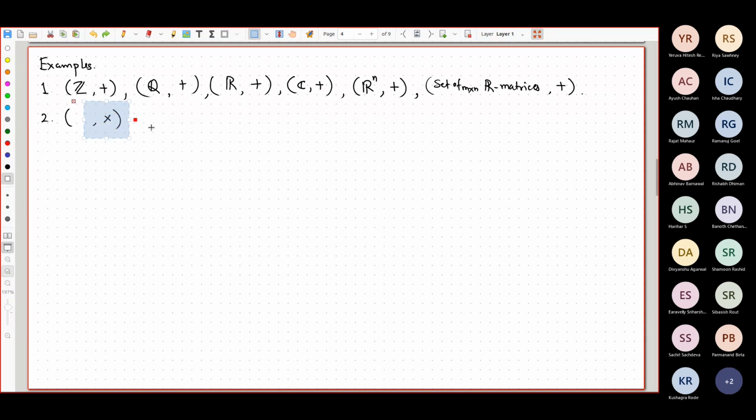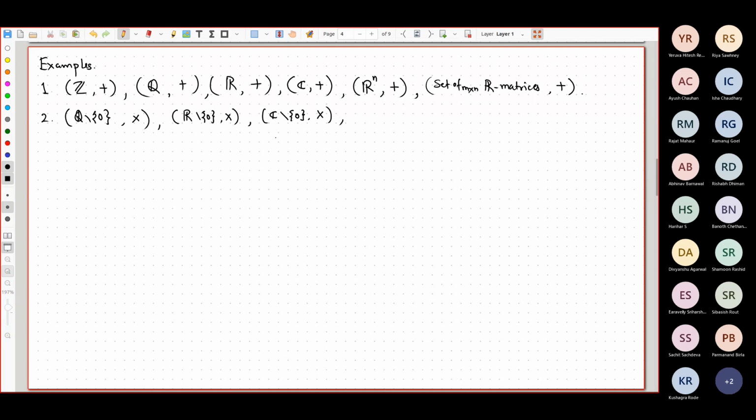So it could be rationals excluding 0, reals excluding 0, complex numbers excluding 0. All of them under multiplication form a group. So Q minus 0 under multiplication, R minus 0 under multiplication, complex numbers minus 0 under multiplication.